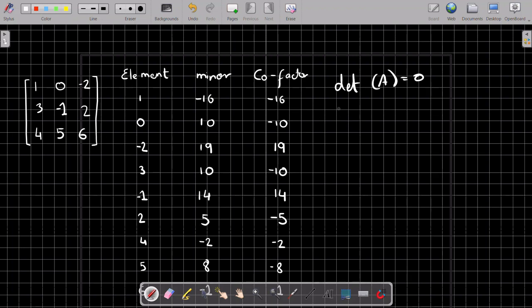So our first row, let's say I multiply it with, let's pick a good number. Let's take 7. So our first row becomes 7, 0, and minus 14.